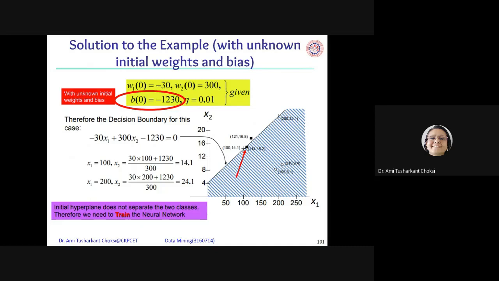And whether they are able to linearly separate the two classes or not, that we need to check, right? Here, the initial hyperplane does not separate the two classes. Therefore, we need to train the neural network. Fine. Okay, let us proceed.